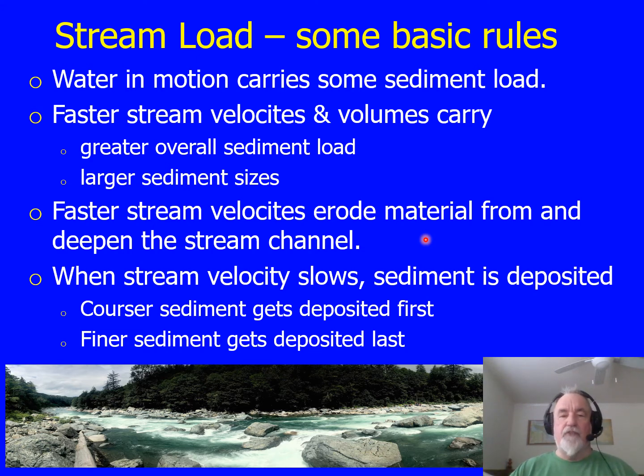When stream velocity slows, by the way, let's say when a river hits a lake, it's going to dump its sediment load. Or when a river empties into the ocean, it will dump its sediment load. So once that velocity reduces significantly, the ability for that moving water to carry its load gets diminished to the point it has to drop that sediment load.